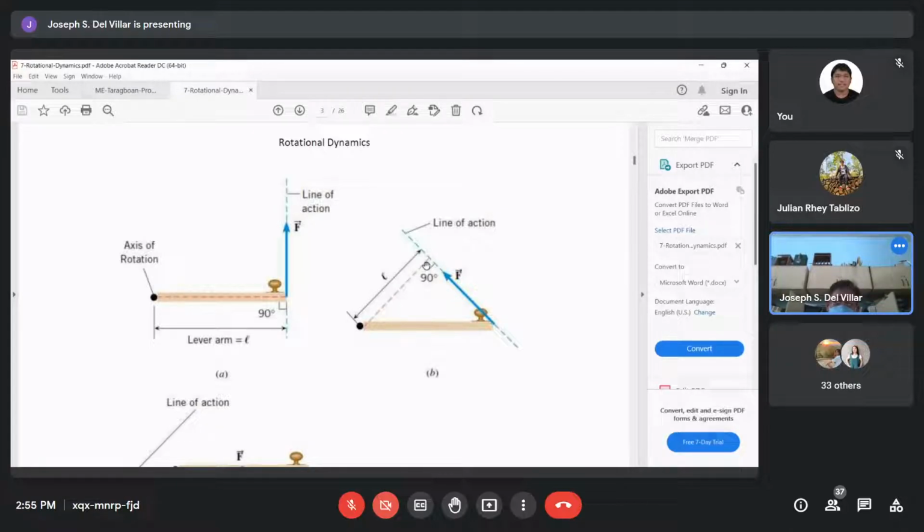So therefore, itong dotted line na brown is the lever arm. Okay? So yun yung kanyang lever arm at itong length na ito ng lever arm is to be multiplied by F to get the torque. Okay? So yun yung pagkakaiba ng letter A sa letter B. Sa letter A, ang lever arm is yung mismong width ng door. Pero sa B, hindi yung door.